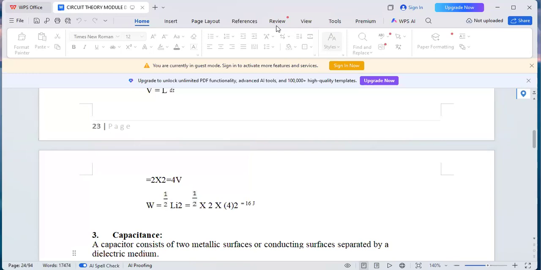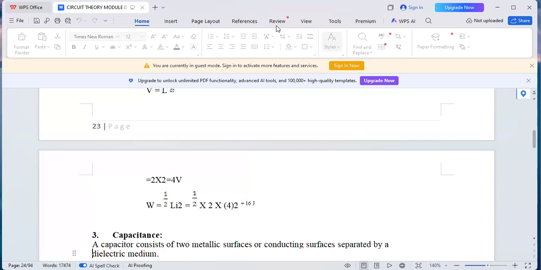The inductor L is 2, then the 4 squared, which will give us 16 joules.